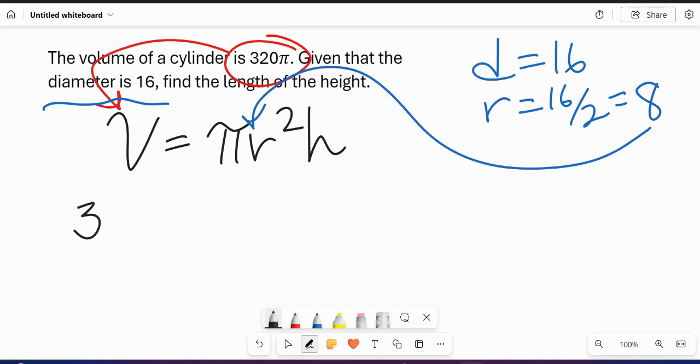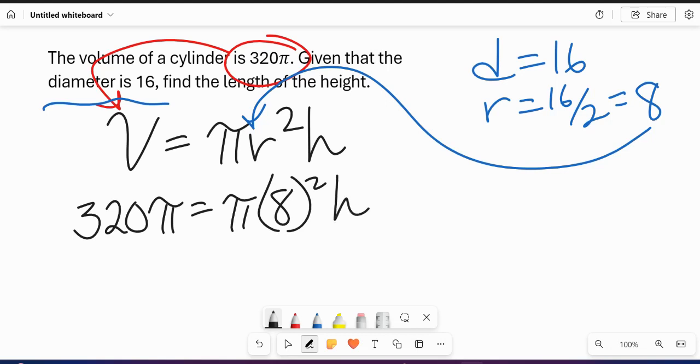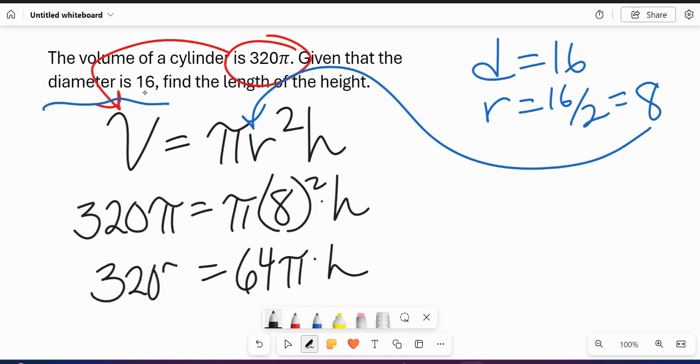So 8 is going to plug in for my radius. So we have 320 pi equals pi and then 8 squared h. 8 squared is 64, so this is 64 pi times h. And again, when we have pi's on both sides, you can just literally cancel them both out and then just do 320 divided by 64.